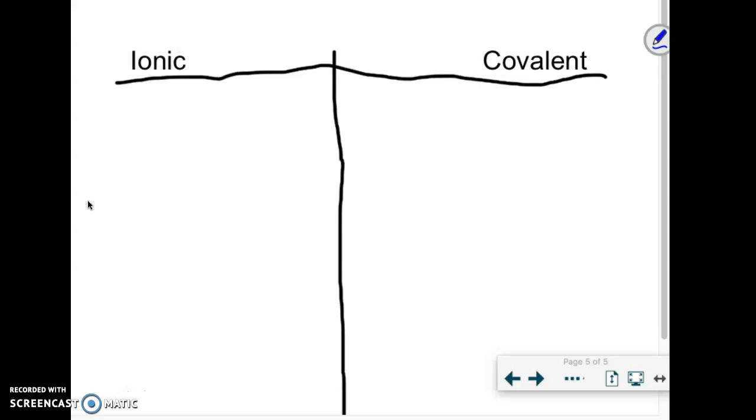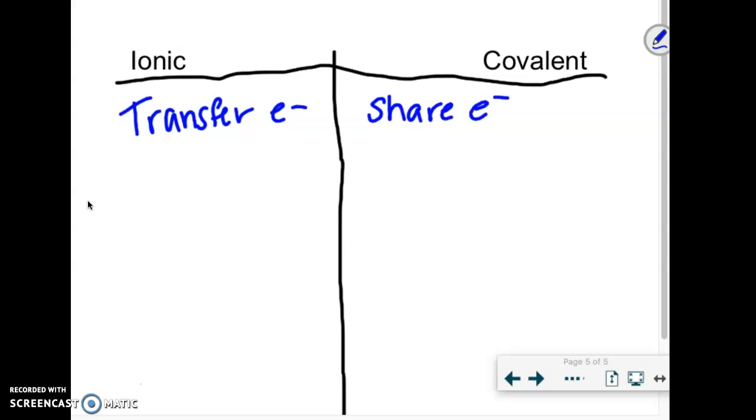Something you could say for ionic is they transfer electrons, and covalent shares electrons. How I remember that is sharing is caring. Caring starts with a C, covalent starts with a C. That's how I remember that one. But you could also say ionic is a metal and a non-metal, covalent is all non-metals. So there's lots of different things you could talk about. You could talk about the rules and the formulas, but just make sure you know the difference between ionic and covalent, all right?